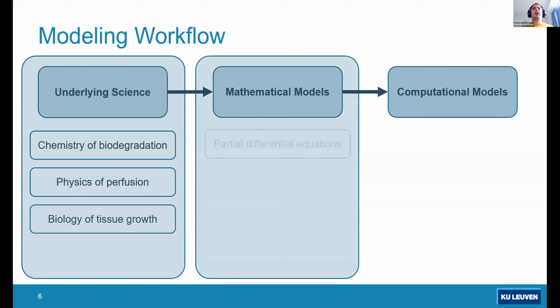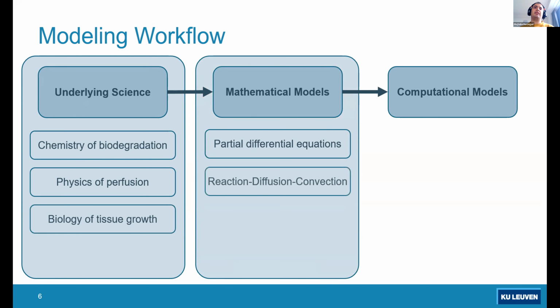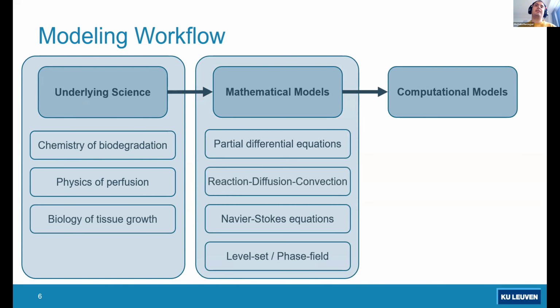For mathematical models, we model these things using a set of partial differential equations that are reaction, diffusion, convection, as well as Navier-Stokes for fluid flow, and level set and phase field for tracking the interface. I will describe it later.